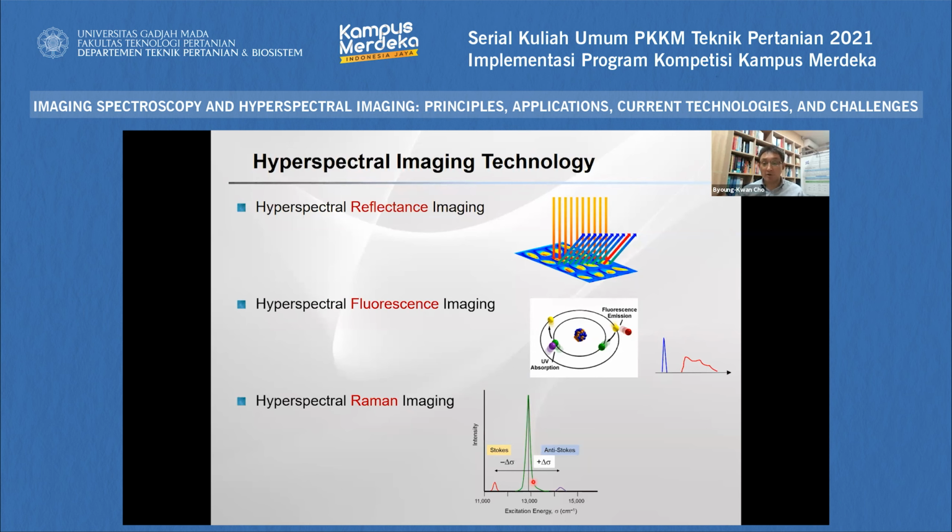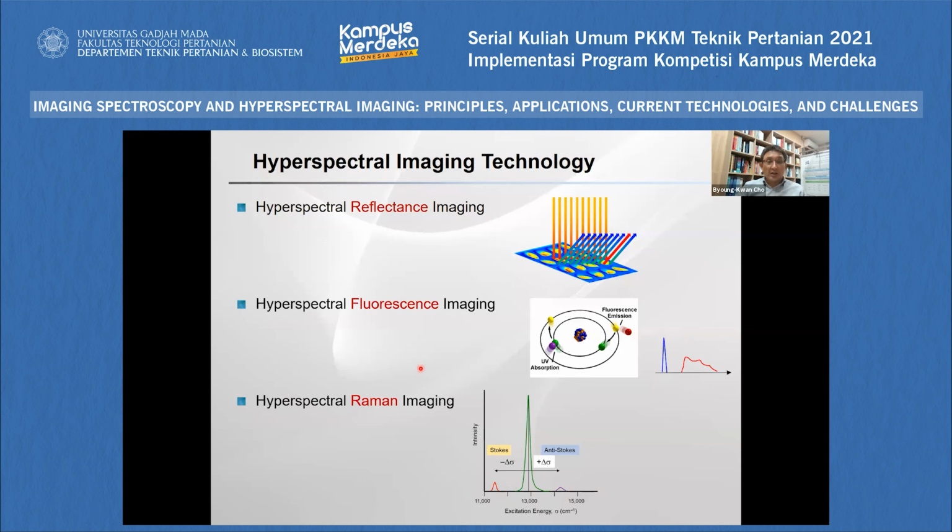Laser is high power, right? So if we use a laser, there will be scattering. Then near the laser wavelength, it makes very small peaks. This is Raman scattering peaks. If we use these Raman scattering peaks, we can identify the chemical structures. So hyperspectral Raman imaging uses Raman scattering.